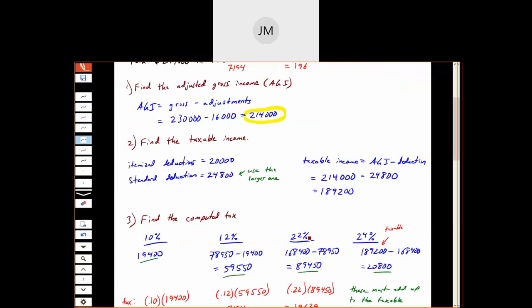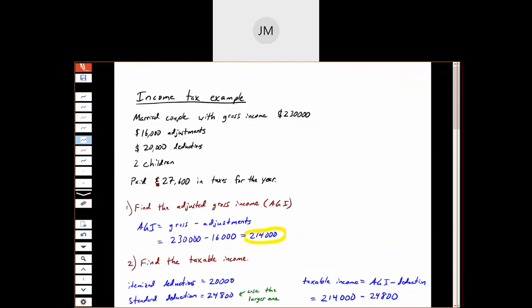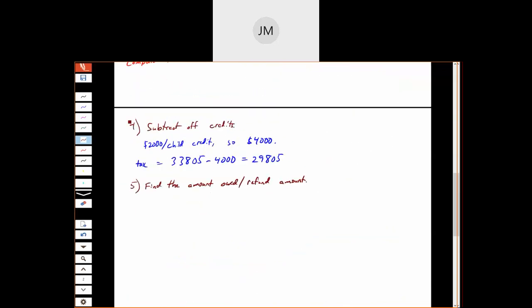If we go back up, it says that they paid $27,600 in taxes for the year, which is not as much tax as they owe, which means they have to pay the difference. They're not getting a tax refund. They have to mail a check to the IRS. So they still owe the difference.